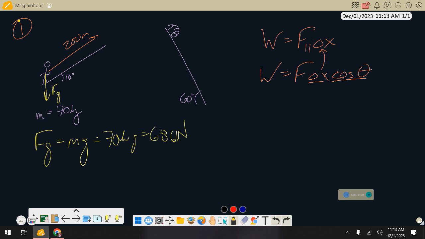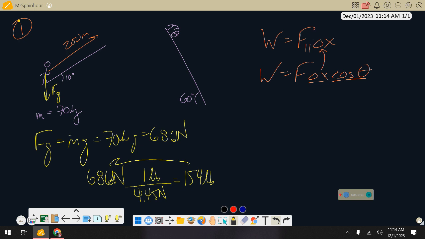So for me, I'm going to take my 686, divide by 4.45 newtons in 1 pound, and you're going to end up with a 154-pound person that is doing this particular running. For you, you're basically going to do the exact opposite. You're going to take pounds, convert to newtons, and if necessary for mass, you can get mass with this equation over here. We didn't need to get pounds in this problem, but you're going to need to know that for later. So right over here, force of gravity is equal to 686 newtons.